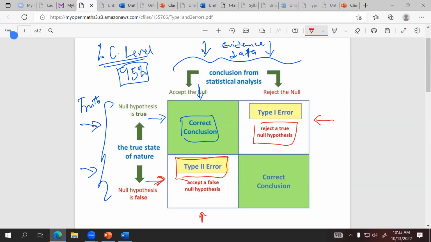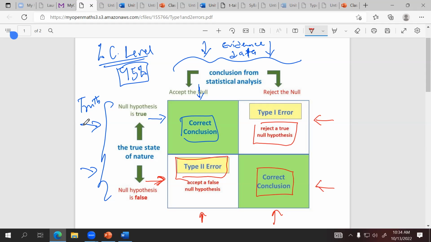And finally, on the last quadrant here, if a situation is truly false and someone collects data and claims that situation is false, then that is the correct decision. So you either align with the truth, that is the forward diagonal, that situation will be correct, but whenever you fall to the other diagonal, you are making an error. So depending on where you fall, you could have type 1 or type 2 error.